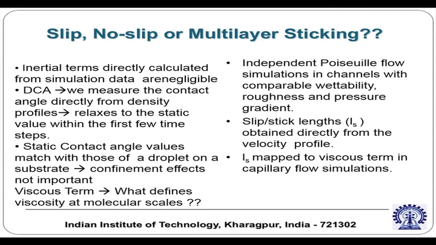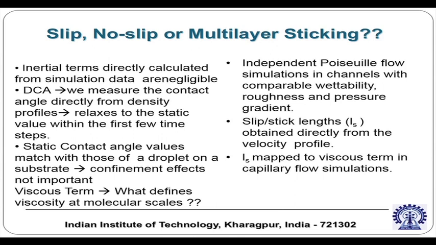So we try to look into various issues, like whether there is any role played by the dynamic contact angle, with molecular dynamics simulations, which are essentially simulations of the explicit dynamical features of the molecules. You can extract all sorts of data. So we can ask ourselves: is the dynamic contact angle important, is the variation of viscosity close to the wall important, is the slip important, what is the slip, and so on.